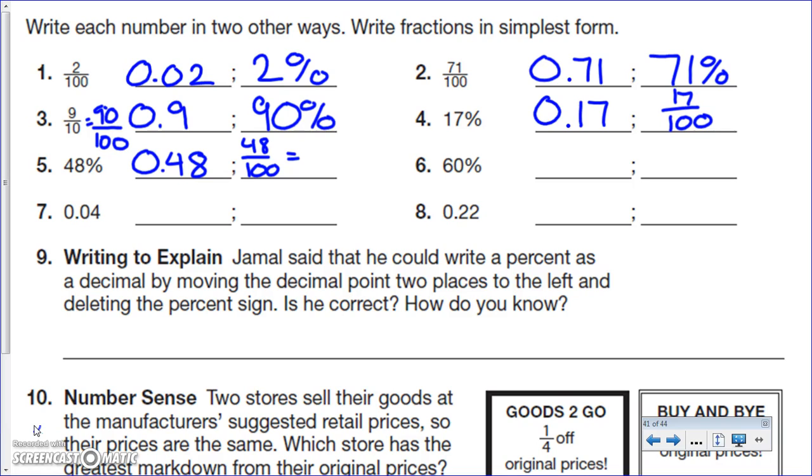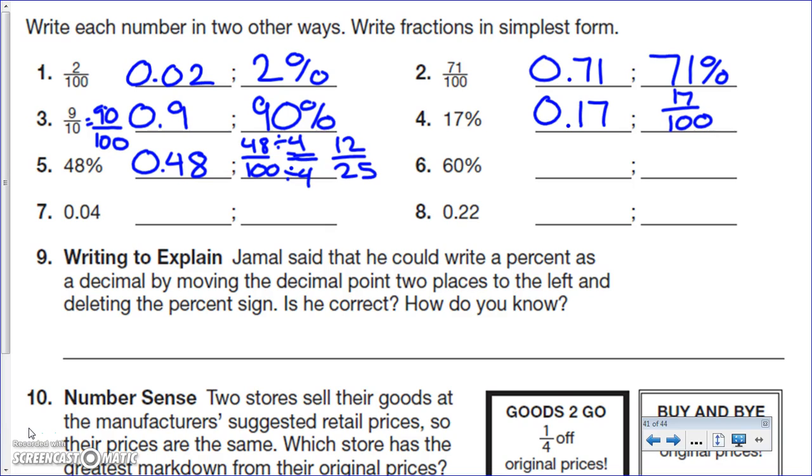We know we can divide both 48 and 100 by 4, so we're going to start with that and then see if it can simplify any further. As we look at 12/25, we know they do not have any common factors, so we can't divide any further, so our fraction is indeed in simplest form.